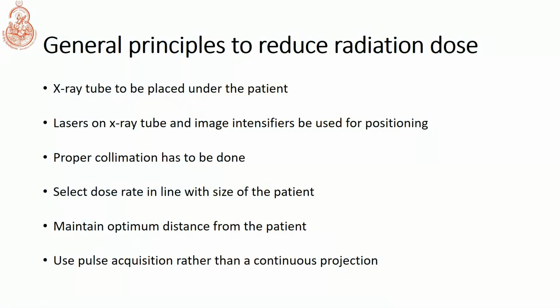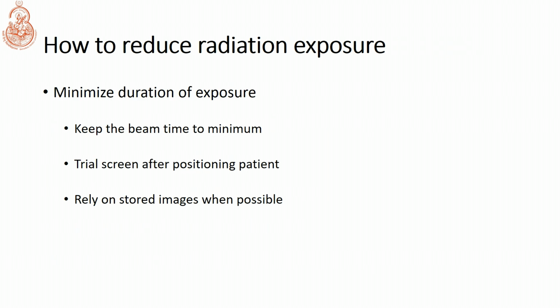That is very important, since the trigger is in our hands and the X-rays are going to be produced as long as we keep it switched on, and the time can always have an effect on the number of X-rays and the resulting dose. So always make sure that, to reduce the radiation dose, a pulse acquisition technique is followed rather than a continuous projection.